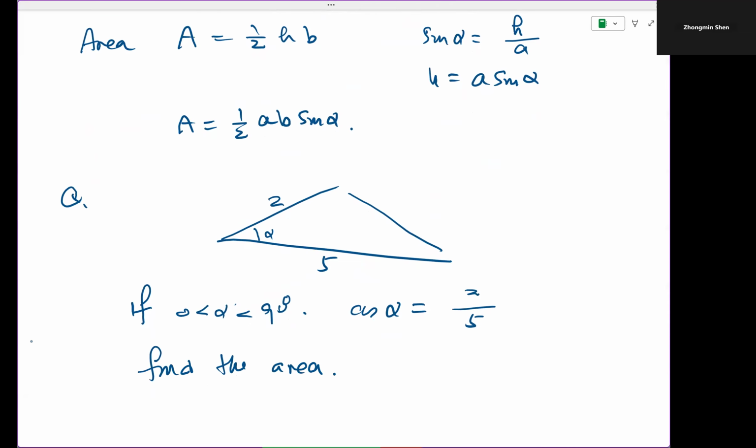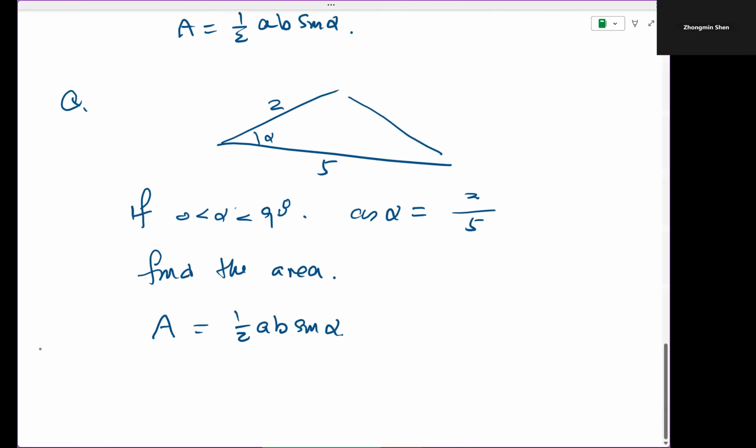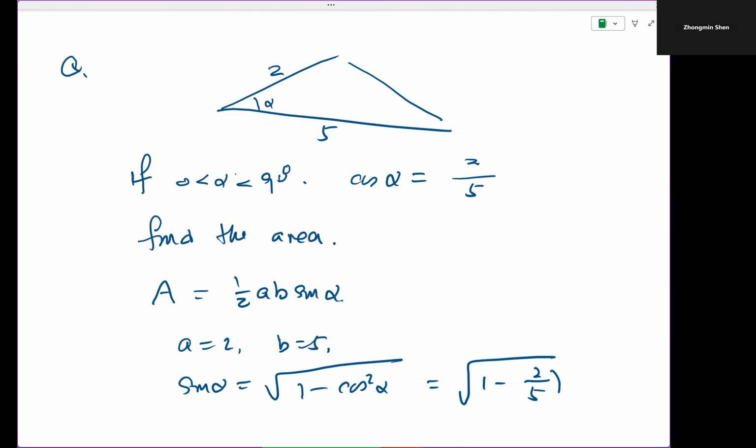Okay. So first of all, you write down the formula. The area is going to be half of A times B sine alpha. But you don't know the sine alpha, so you have to find it. Here A is going to be 2, B is 5. And sine alpha should be equal to the square root of 1 minus cosine squared alpha, so it's going to be the square root of 1 minus (2 over 5) squared.